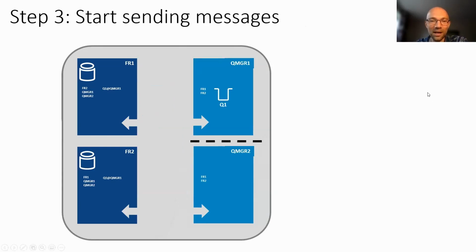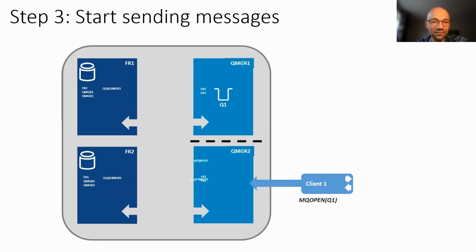Now, what might cause that to happen, though, is if an application comes along and it wants to put a message to queue 1. So it will try to open that queue, and queue manager 2 will ask the full repositories if that queue exists in the cluster, and if so, where is it?